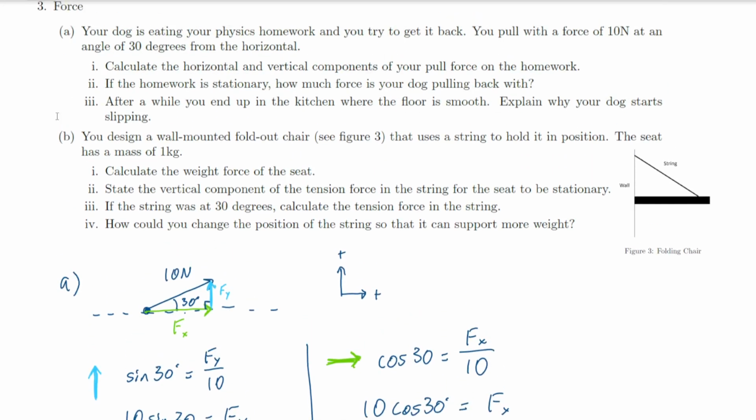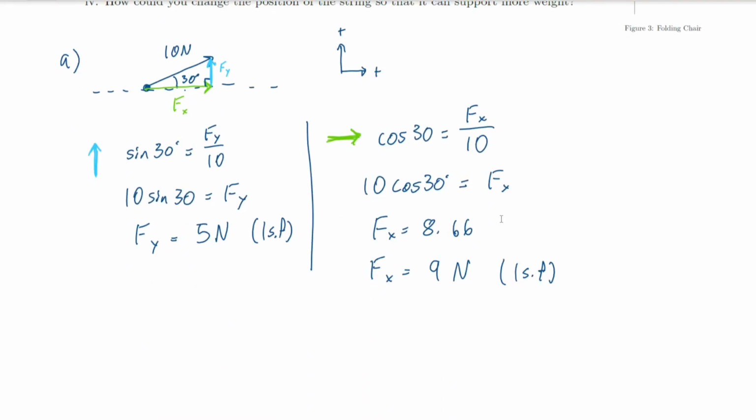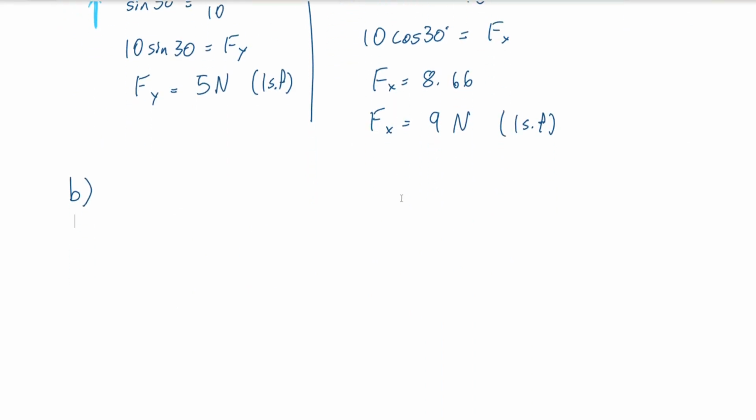Now part 2, if the homework is stationary, how much force is your dog pulling back with? So, if it is stationary, what does that imply? Stationary implies the speed is 0. It's not moving, it's stationary.